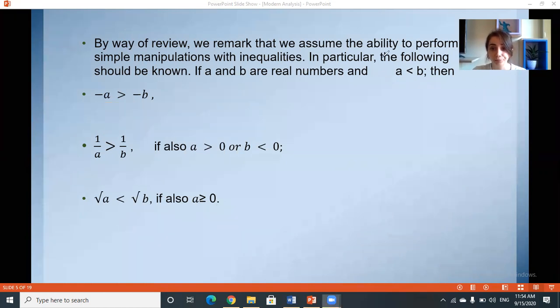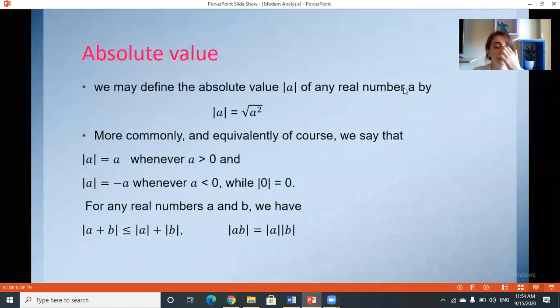So, what else will we learn in this chapter? The absolute value. What is the absolute value? We may define the absolute value, the modulus, of any real number. Here the modulus of A is equal to the square root of A squared.